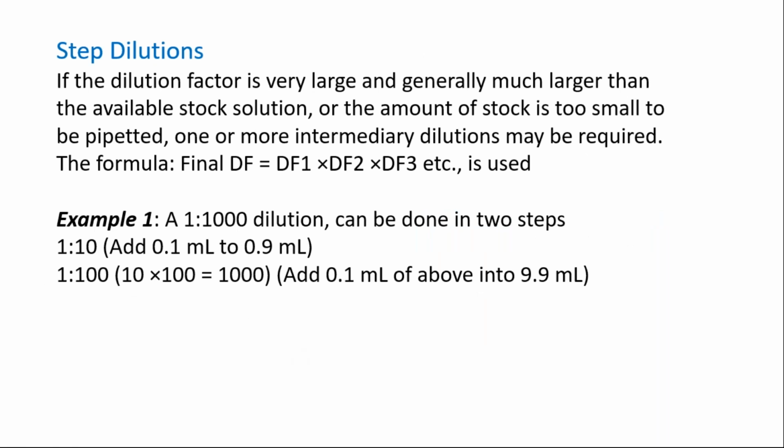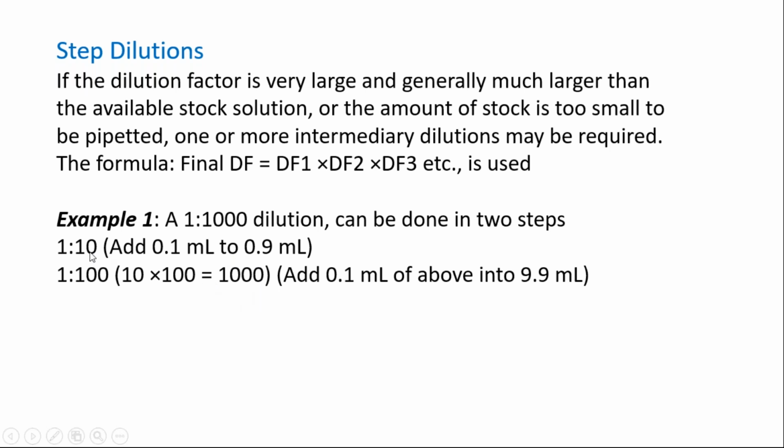To do the dilutions more accurately, we do what is called a step dilution. Step dilutions are done especially when you have dilutions to be done such as 100 or 1,000 or 10,000. So to be more accurate, we do a step dilution. First you do a 1:10 dilution, and then you do a 1:100. So what you have got is 10 into 100, and that is 1,000.